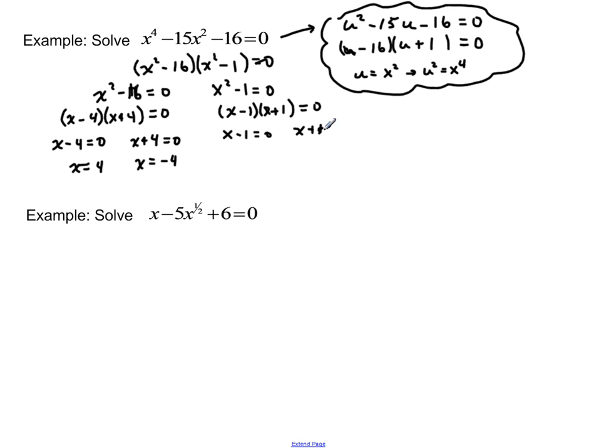That's a plus 1 right there, equals 0. There we go. So x equals 1 is one of those solutions, and x equals negative 1 is another one of those solutions. And so our solution overall would be 4 values: negative 4, negative 1, positive 1, and positive 4 as our solution set.